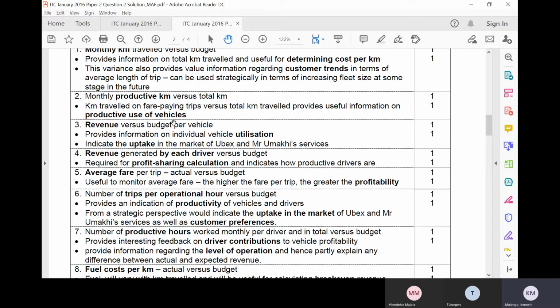Only once you're in Pretoria, you pick up someone and you drop them at their location, that's when you're generating money. So you want to separate the total kilometers driven in a day versus the kilometers that are actually generating you money. Because as a driver, if your money is based on kilometers, you want to make sure you're using more kilometers that make you money, as opposed to kilometers that are getting you to and from your home to where you want to operate. Does that make sense?